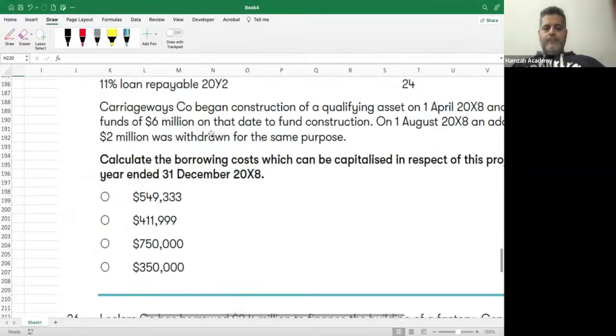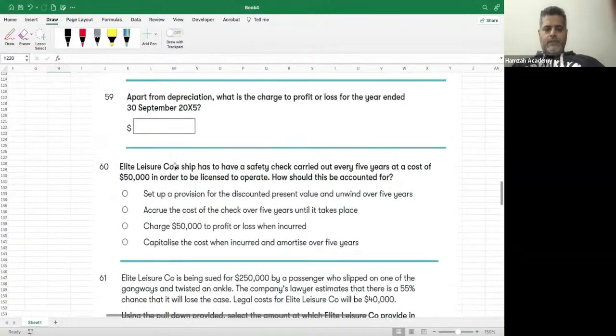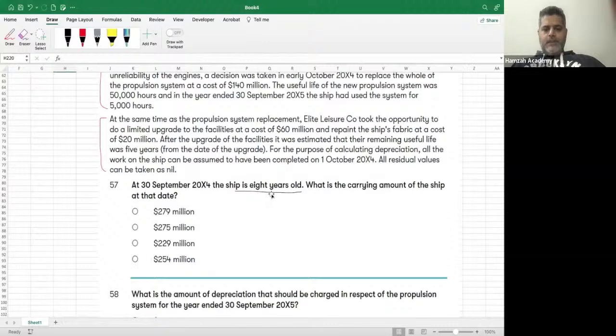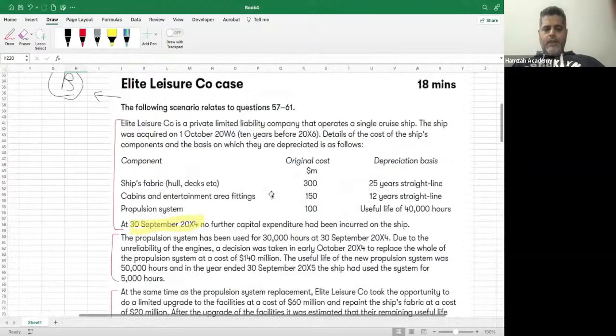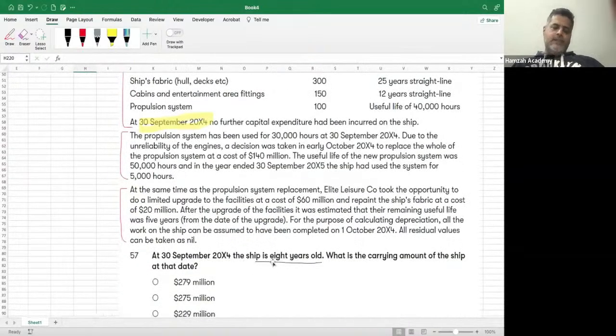It means that till 30th September, the ship is 8 years old, and no amount has been spent on it. So we have this information, and since the ship is 8 years old, the questioner has already calculated the expired life. So what we have to do is calculate the carrying value.